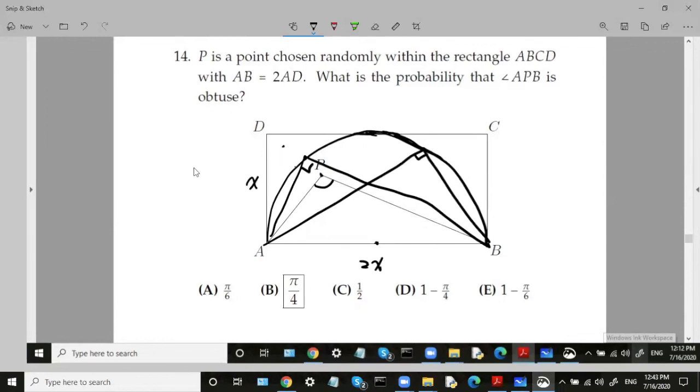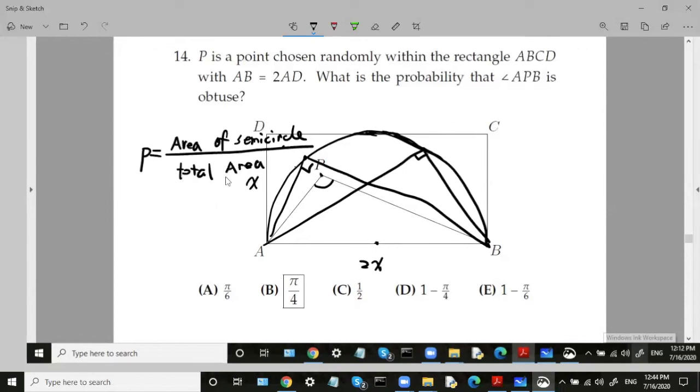So the probability that APB is obtuse, if we randomly choose a point, would be the area of the semicircle over the total area.